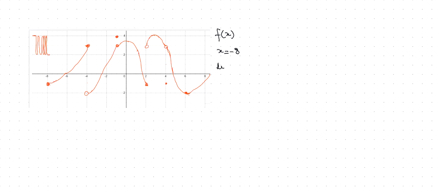So the limit as x tends to -8 negative, meaning x less than -8, or we can say the left-hand limit of f(x), does not exist, because we approach x = -8 from the left and the graph is not approaching a single value, but it is oscillating.